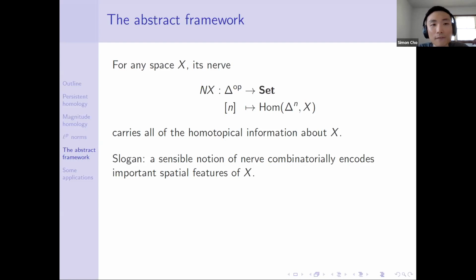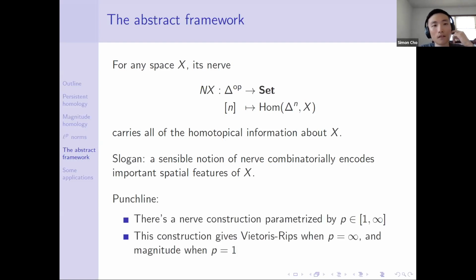And then you could do a lot of things with it, like, for example, take homology of it, right? There's a lot more you could do with it, but one of the things is take homology. And so the punchline that we're going to get to in a little while is that there's a single fundamental nerve construction that's parameterized by a real number, P, the same one that we saw in the LP sum, right? And when P equals infinity, this gives the Vietoris-Rips complex, and when P equals 1, it gives the magnitude complex.